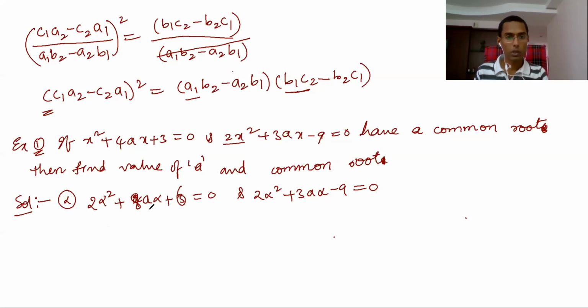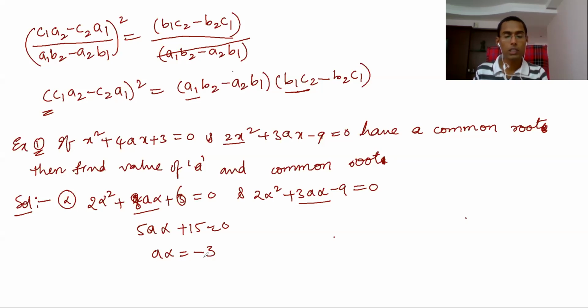Now subtract. If you subtract, what are you going to get? You are going to get 5a alpha, and this is 6 plus this is 15 equal to 0. So that means a alpha equal to minus 15 by 5, which is minus 3. A alpha is minus 3.